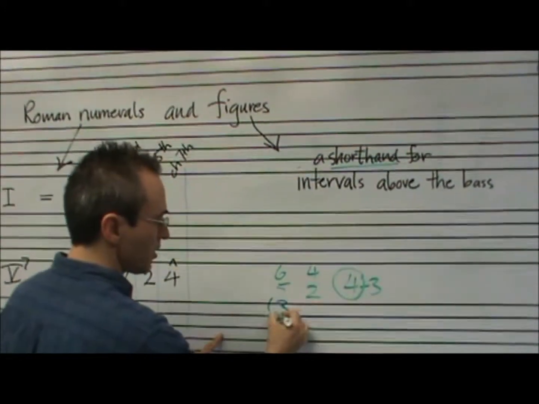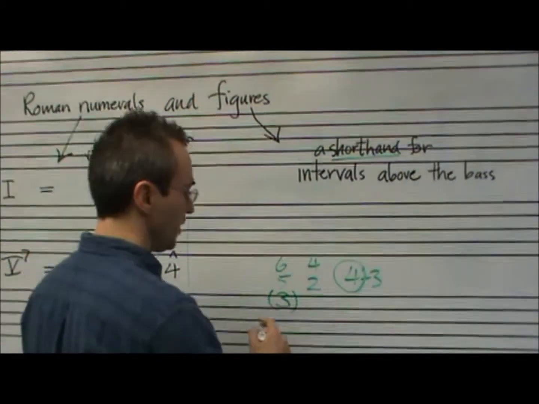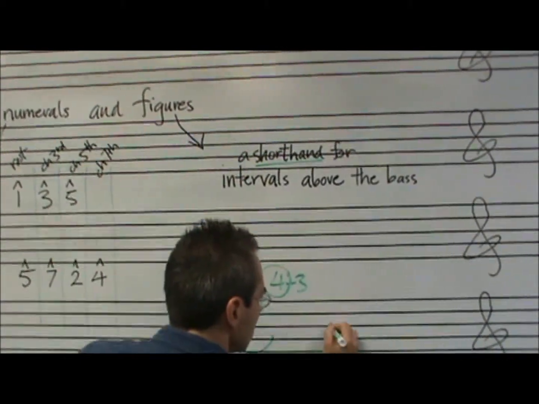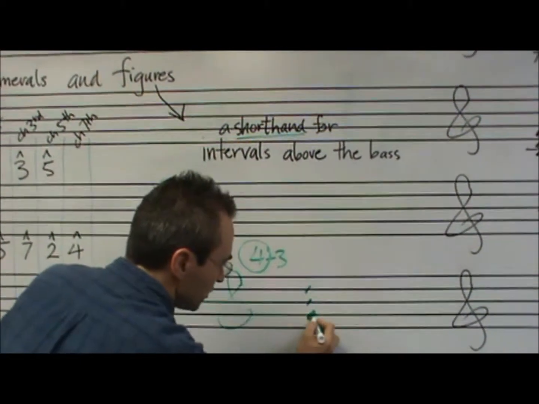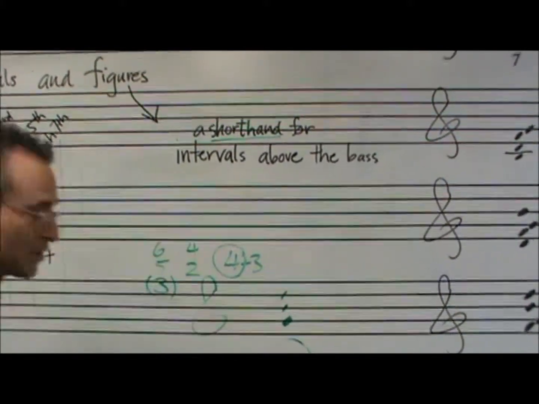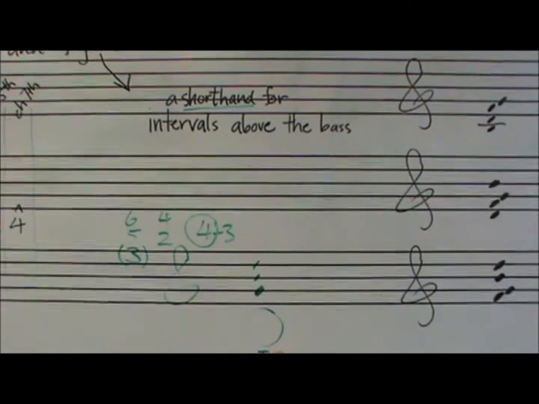We'll see that there are things that are assumed. So for instance, when you have just a root position chord, say it's this. So here's your bass note, G, and you write nothing under there, so that's blank. That's a shorthand for 5 and 3. Those are assumed.